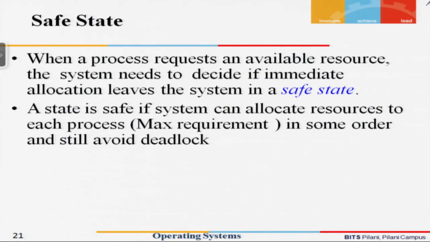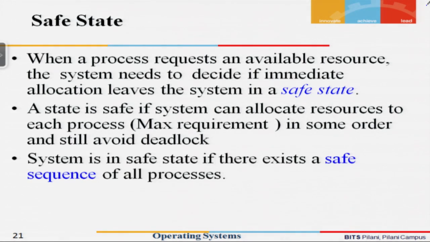The algorithm should check that if such a request is granted, will it lead to a system state where the system is in a safe state. If so, the allocation request can be granted, otherwise the allocation request may not be granted.